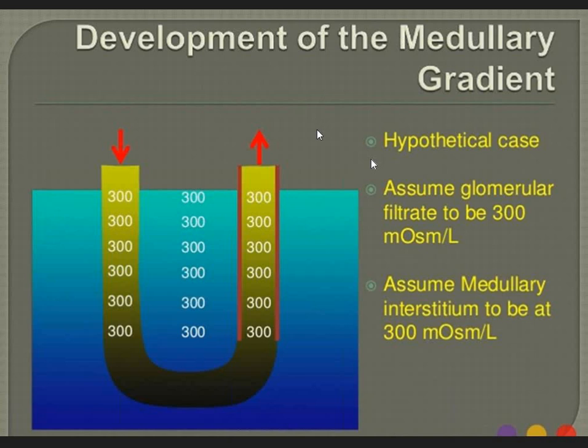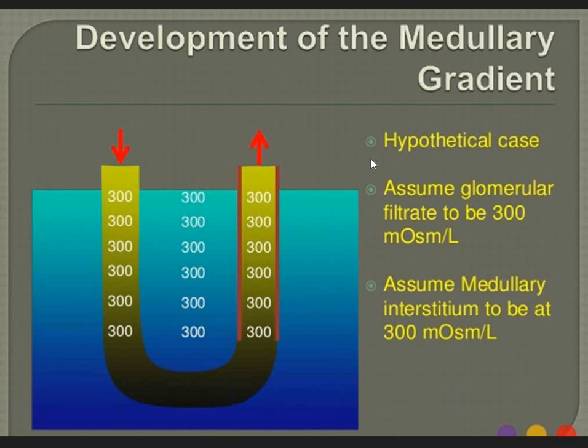Now here I am considering a hypothetical situation. If we assume that this is a loop of Henle, and the osmolarity of the fluid present throughout the loop of Henle and in the medullary interstitium is uniform. Uniform means 300 milliosmoles per liter, because that is the osmolarity of the plasma.